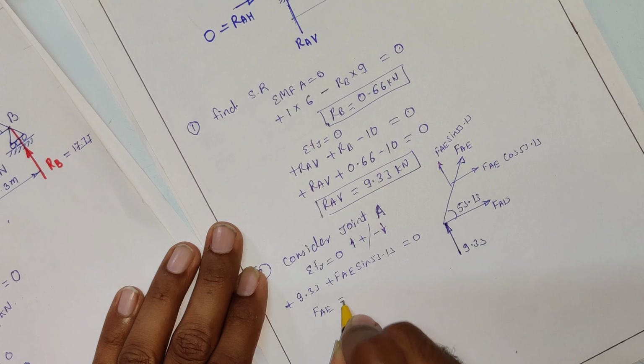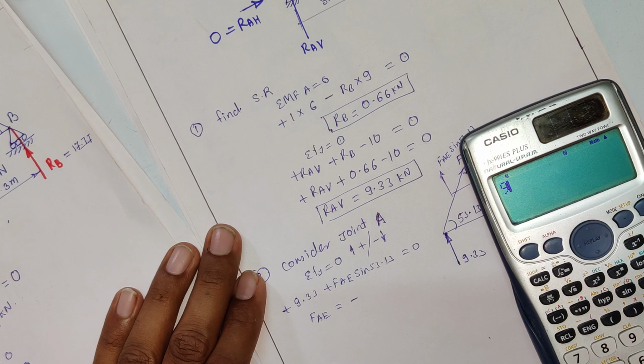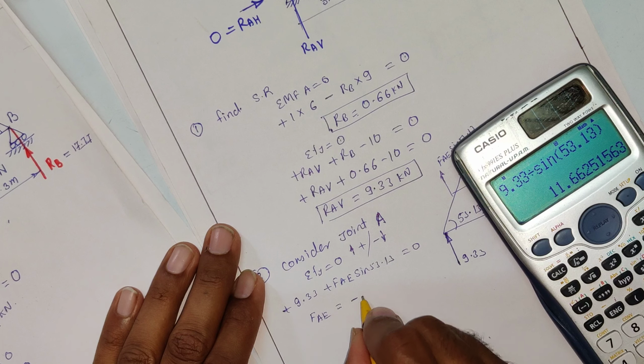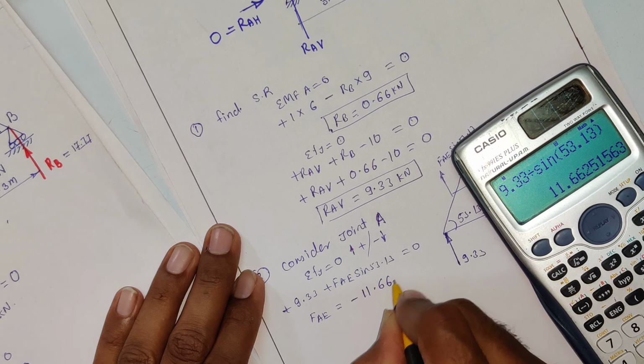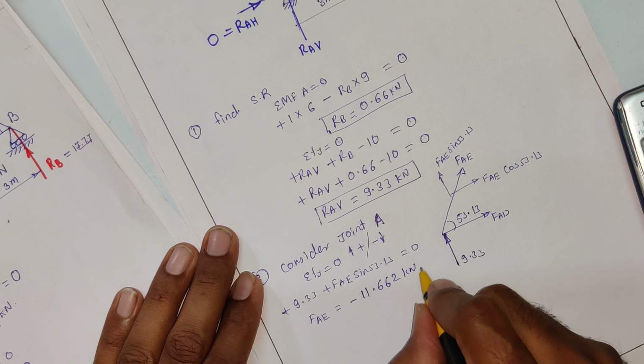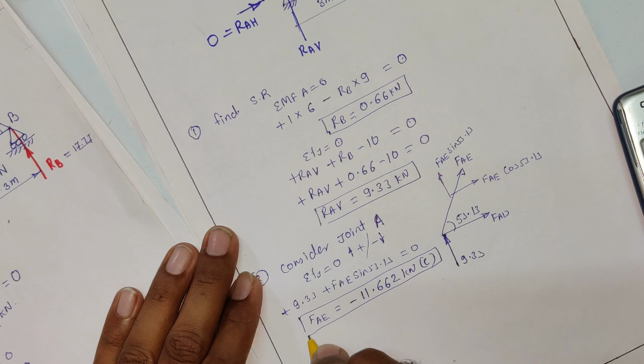FAE is equal to minus 9.33 divided by sin 53.13, that is minus 11.662 kilonewton. This is in compression. FE.